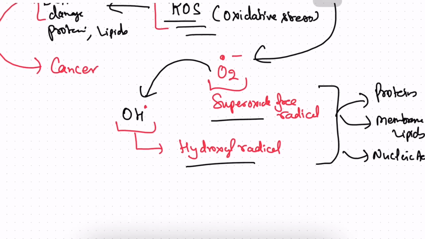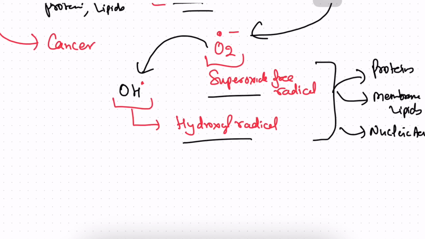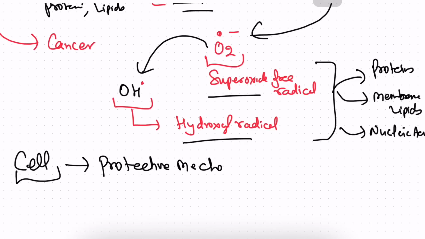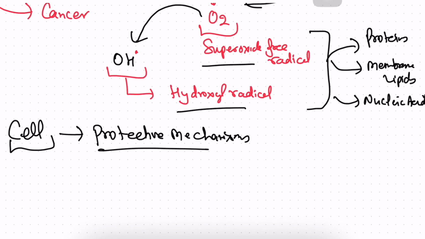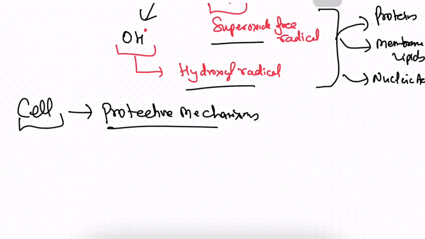Now I just want to tell you within the cell you are also going to see protective mechanisms by which the cell protects itself from reactive oxygen species damage. Within the cell you have one enzyme, the name of the enzyme is superoxide dismutase.